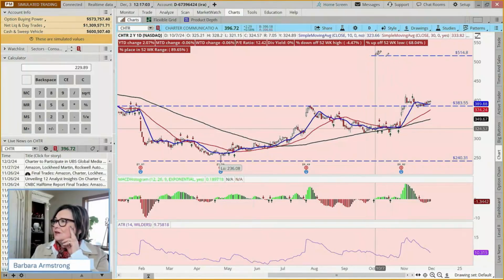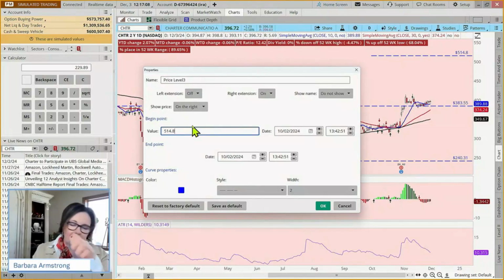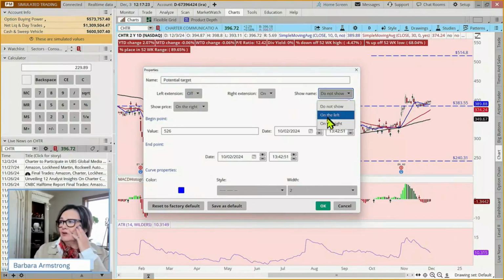So this could be a target around this 526 level. But are there other ways as a trader that we could look at this? Do we have to go for the target? No, we do not.